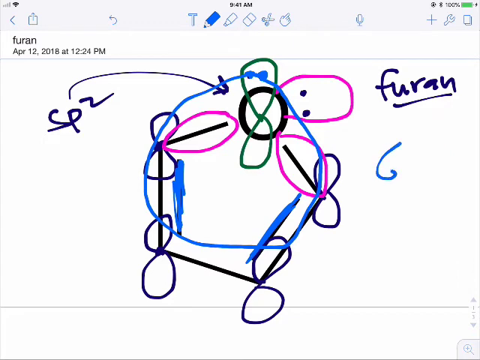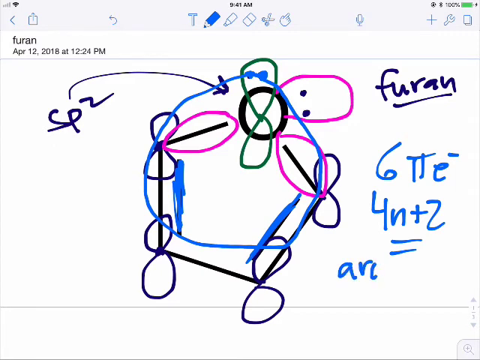That's 6 pi electrons, which is 4n plus 2, which means that furan is aromatic. Oxygen absorbs an energetic penalty and moves its sp3 hybridized electrons into an unhybridized p orbital. But the result is that the entire molecule now gets to become aromatic.